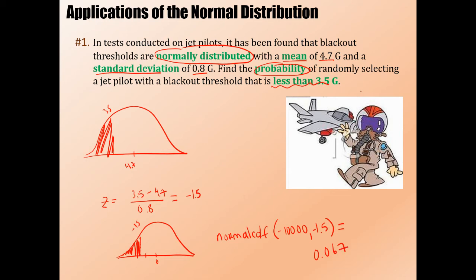So what's the probability of randomly selecting a jet pilot with a blackout threshold that is less than 3.5? This, right? Like 6.7%. Not super high. Okay.